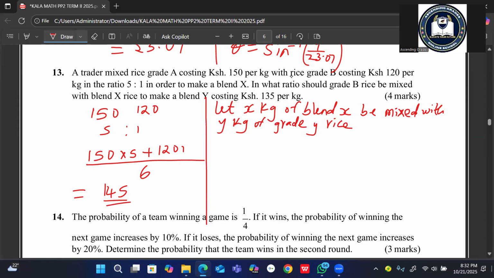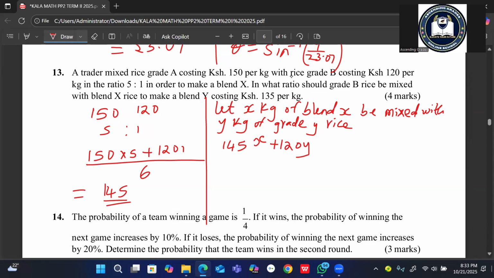So this means 145x plus 120y, because you have been told that grade B costs 120 per kg, so there are y kg, which gives you 120y.